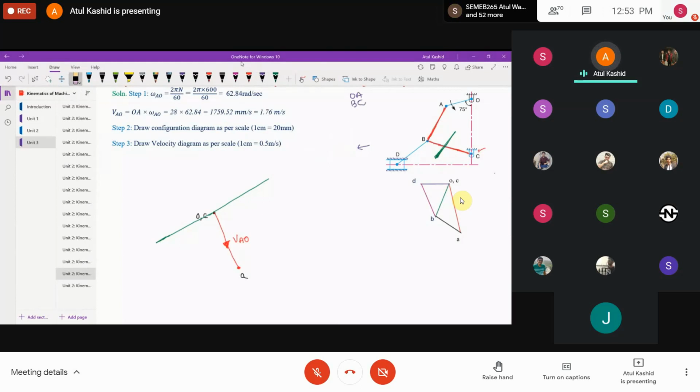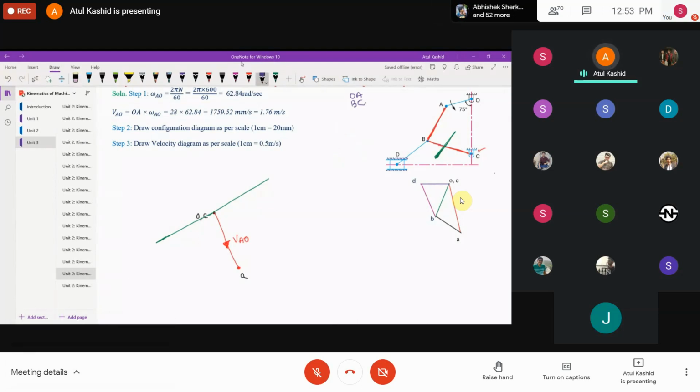Now I have to target which link, because I know point B is the intersection of BC and AB. Abhi BC, we have seen BC, now we will go for AB. AB again, if I write down, if I'm targeting AB, right? For AB I can draw the vector from either A or I can draw it from B. So we have to identify which point is available. So B point is not available, but A point is available. So what I will do, I will start drawing the vector from the point A. In which direction?